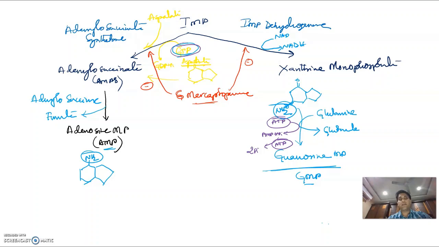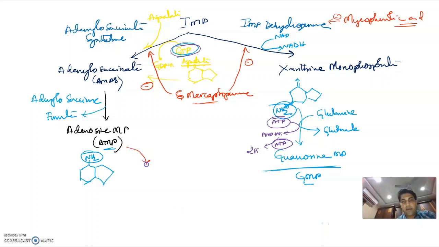IMP dehydrogenase is also inhibited by mycophenolic acid, an immunosuppressant, mycophenolic acid.